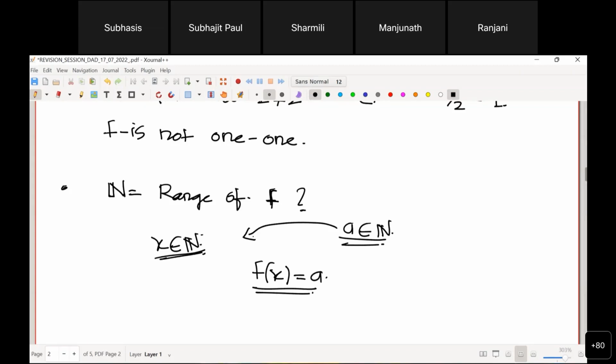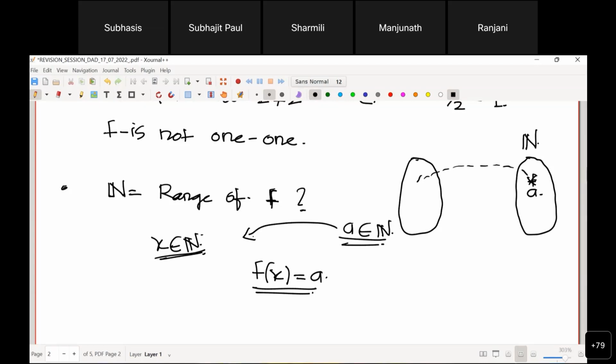Because what I'm showing is that for each element in the codomain, I have a pre-image in the domain, right?